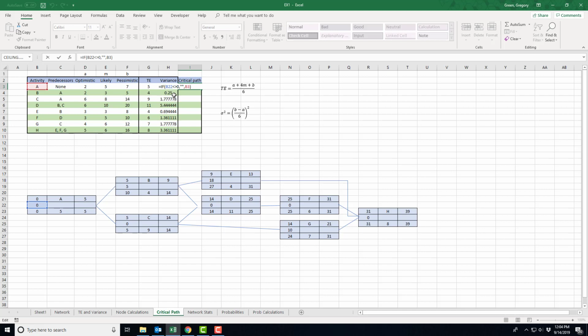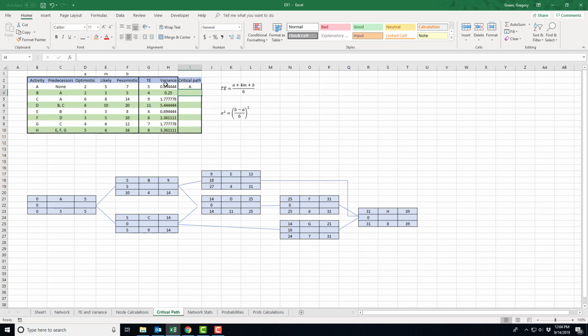What it says is, if B22, so now it's down here at activity A, looking at the slack time, if it's not 0, so that's just a less than and greater than sign back to back, then I want you to leave the cell empty. Otherwise, put the letter A there. Okay.